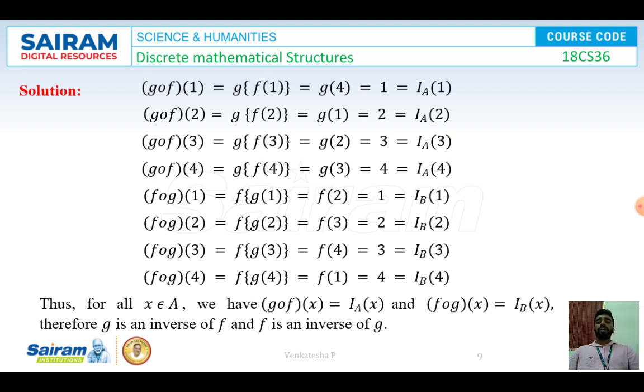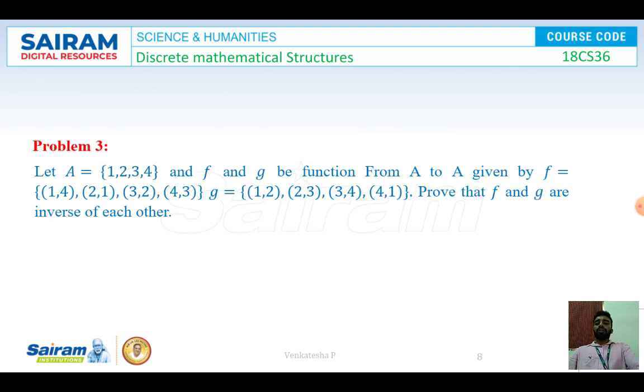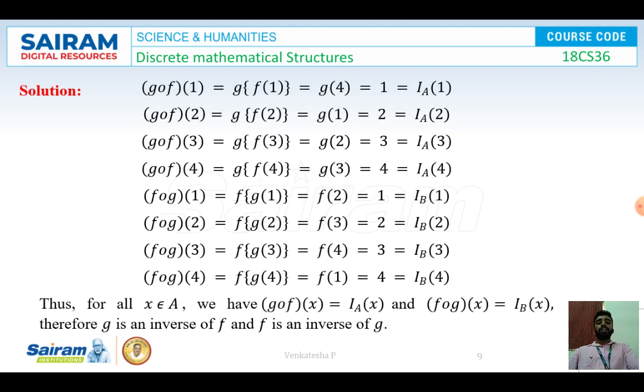First I'm going to find g o f, to show f is invertible. So g o f of 1 will be equal to g of f of 1, and f of 1 is 4, so g of 4 will be equal to 1.